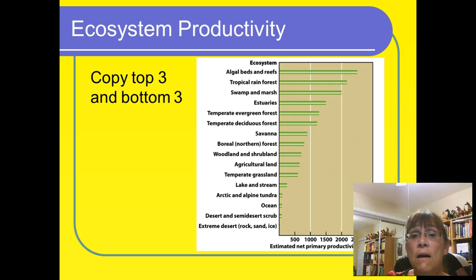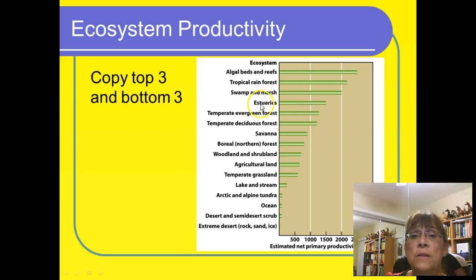Algal beds, areas of algal growth, and obviously if you've got an algal bed, it's very thick with algae, so you have lots of productivity going on.